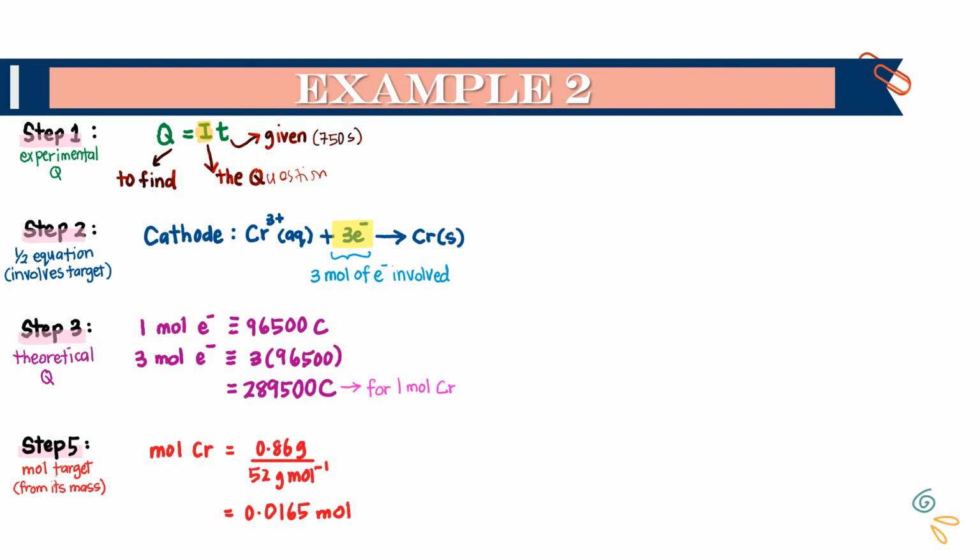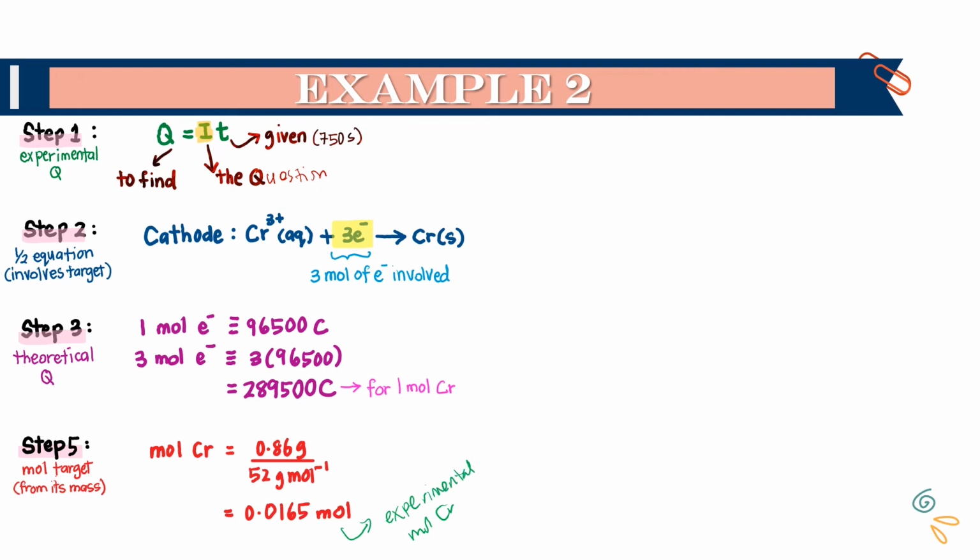So, kita dapat dekat sini the mole. Okay, so dekat sini saya tulis, okay, so this is experimental mole untuk chromium. Maafkan saya, this is not theoretical, this is experimental.